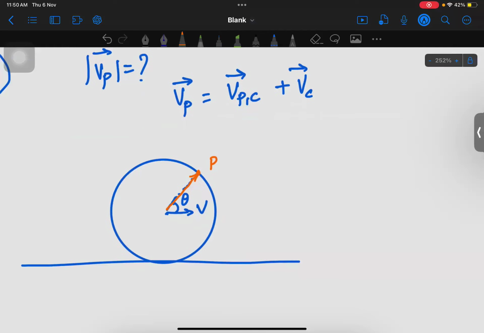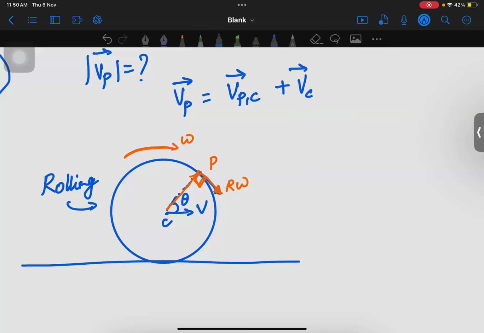Now, with respect to the center, the velocity direction of P is at 90 degrees this way, and it has a magnitude of r omega. This is omega over here, and it is given that this object is in rolling motion. So if this is r omega, you add to that the velocity of the center, which is this way.